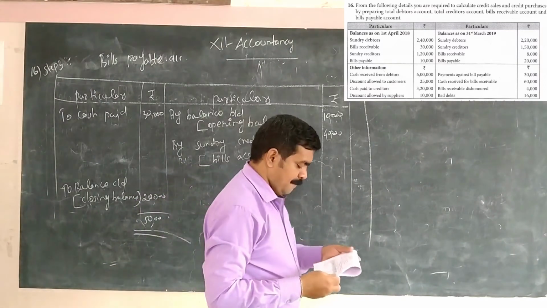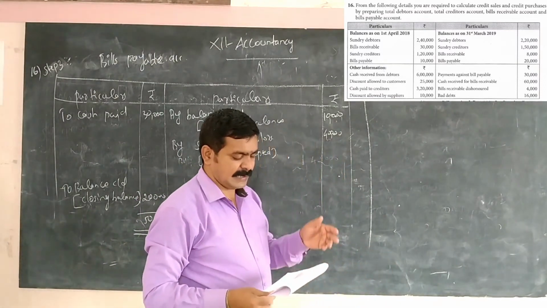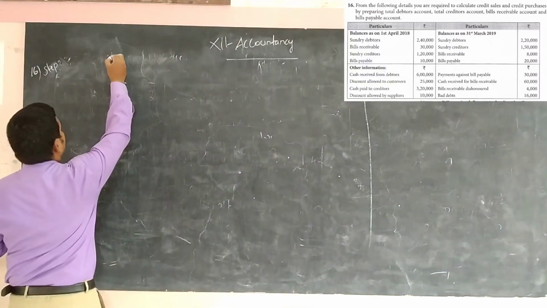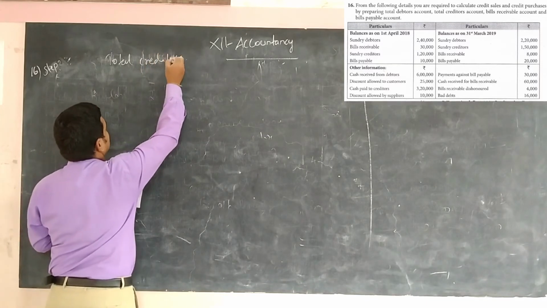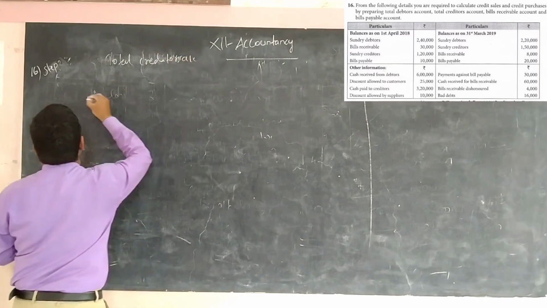Okay, so now we start the step 4, total creditors account.